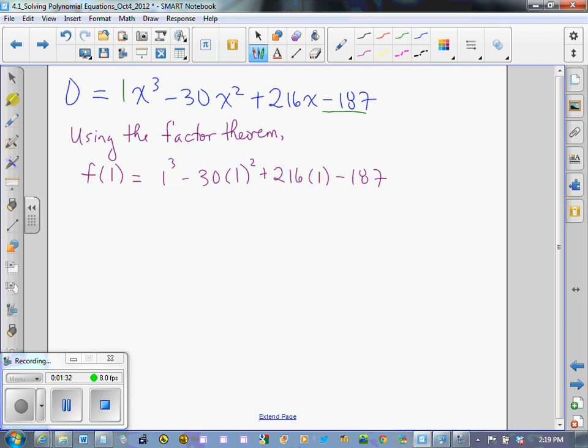Okay, so with a value of 1 substituted into the function equation, we will evaluate each of these terms.